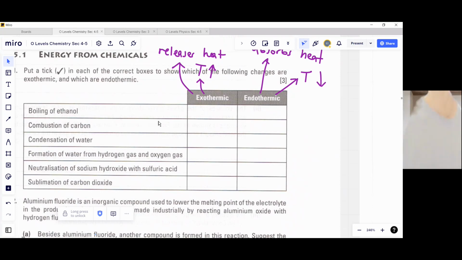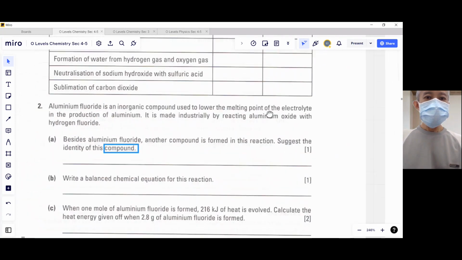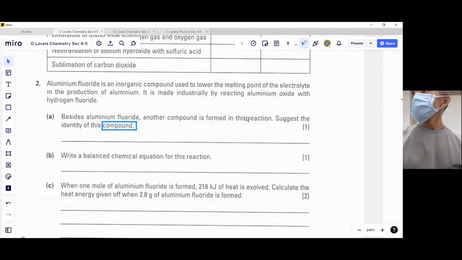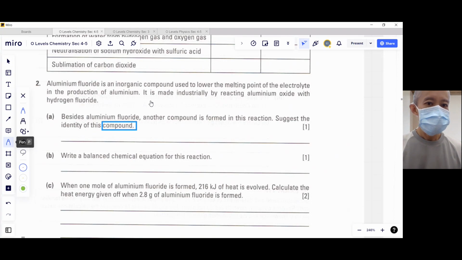Okay, come, let's go through the balancing part. See, some of you are stuck here. Guys, at the very least, you should be able to write this out.